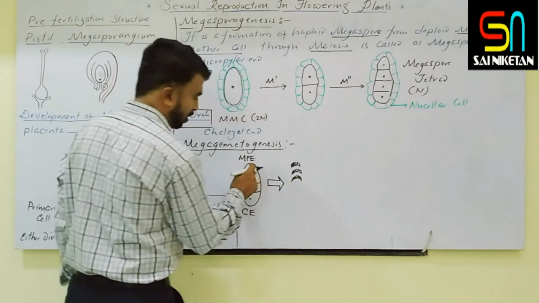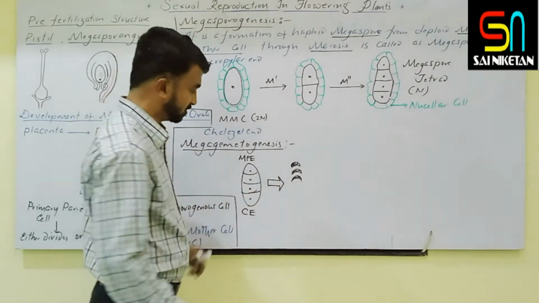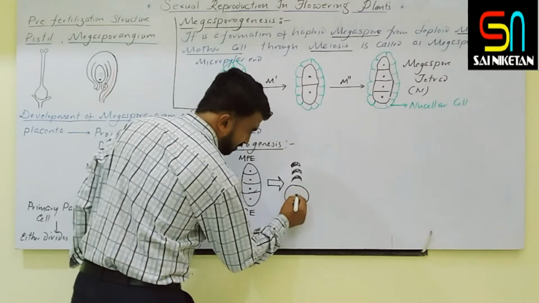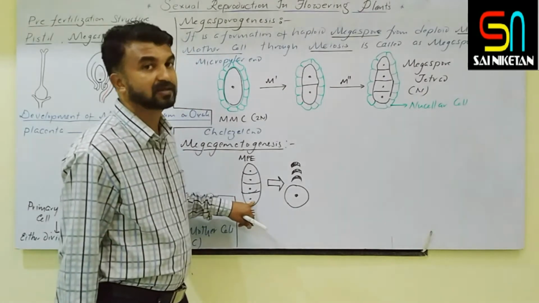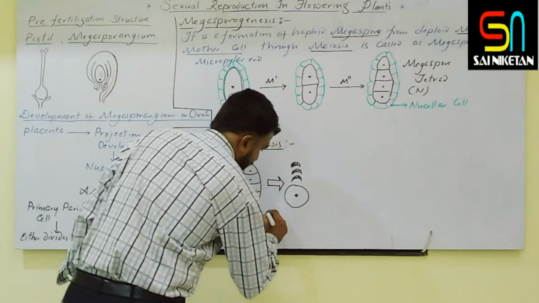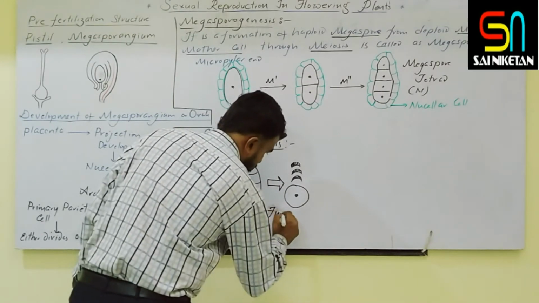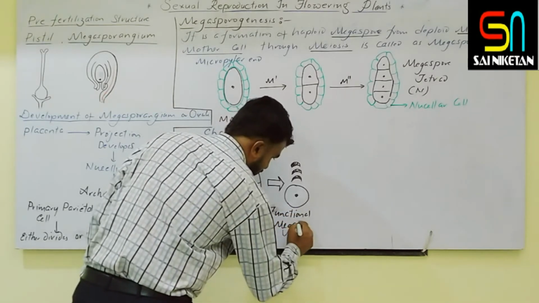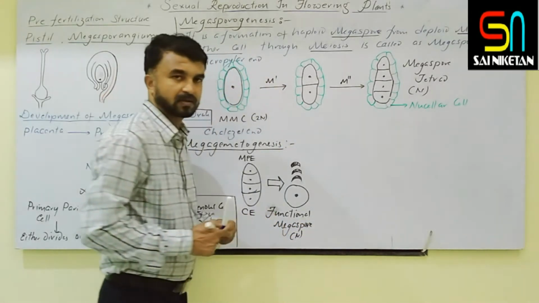Only this lower megaspore, the cell present toward the chalazal end, is the functional one. This is the functional megaspore, which is haploid in nature.